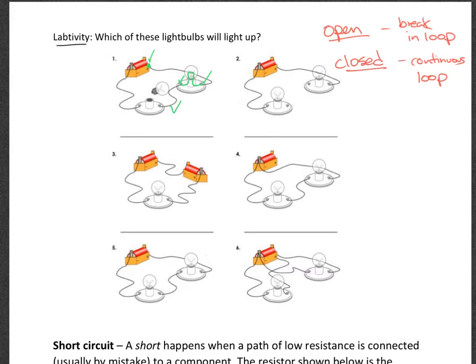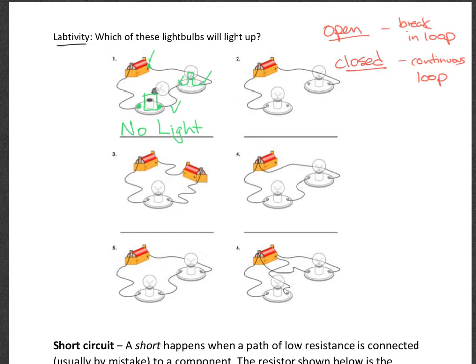But then here's the problem. That light bulb's unscrewed or someone took it out of its socket. And so now the electricity cannot get from here to here. So this is a no light situation, right? No electricity will flow if you do not have a complete circuit, complete loop.